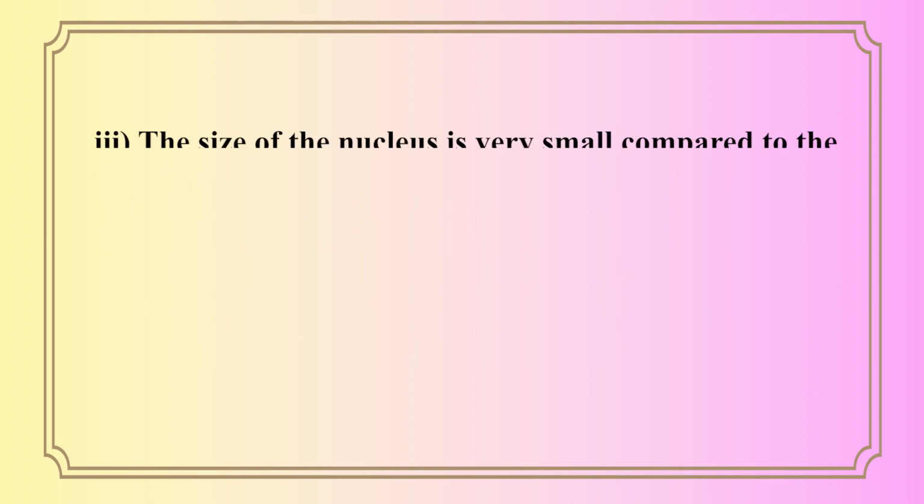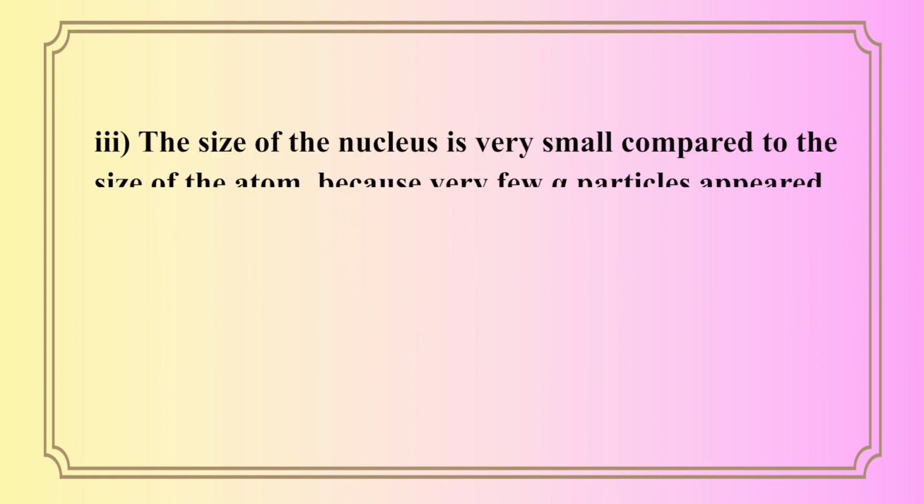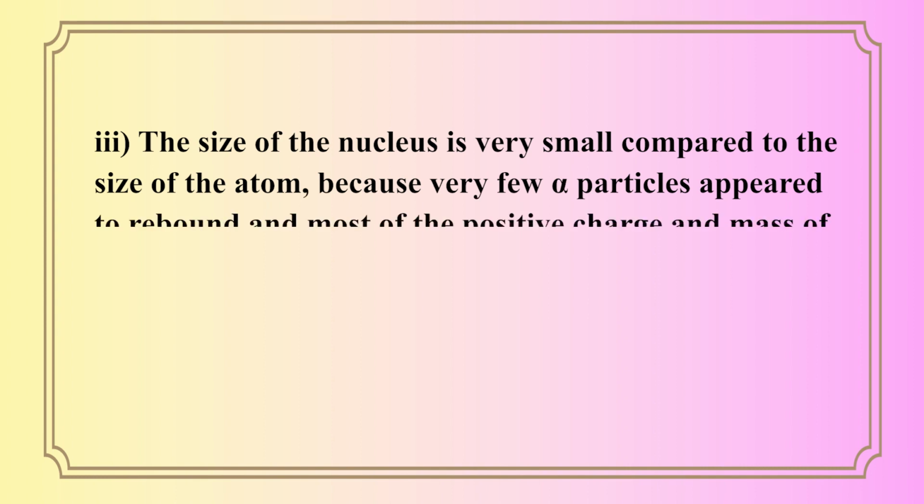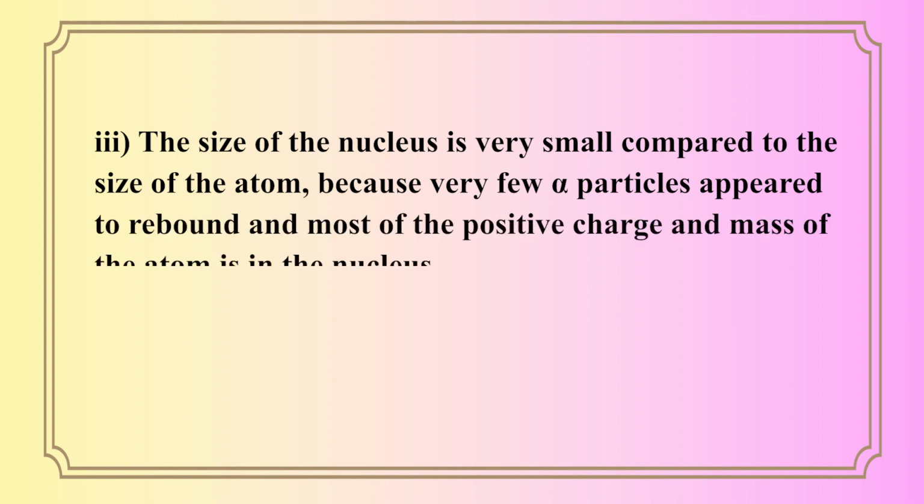Number 3, the size of the nucleus is very small compared to the size of the atom because very few alpha particles appear to rebound, and most of the positive charge and mass of the atom is in the nucleus.